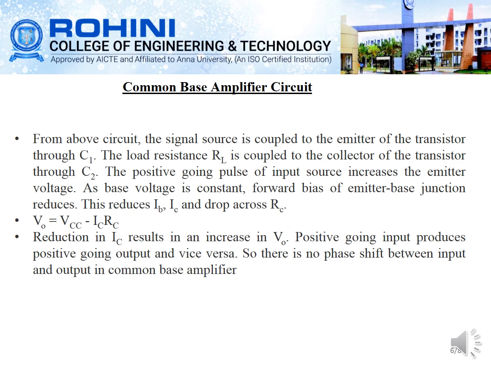From this we can say that VO is equal to VCC minus IC into RC. When there is a reduction in the collector current, this leads to an increase in the output voltage. So a positive going input produces a positive going output, and there will be no phase shift between the input and the output in this common base amplifier.